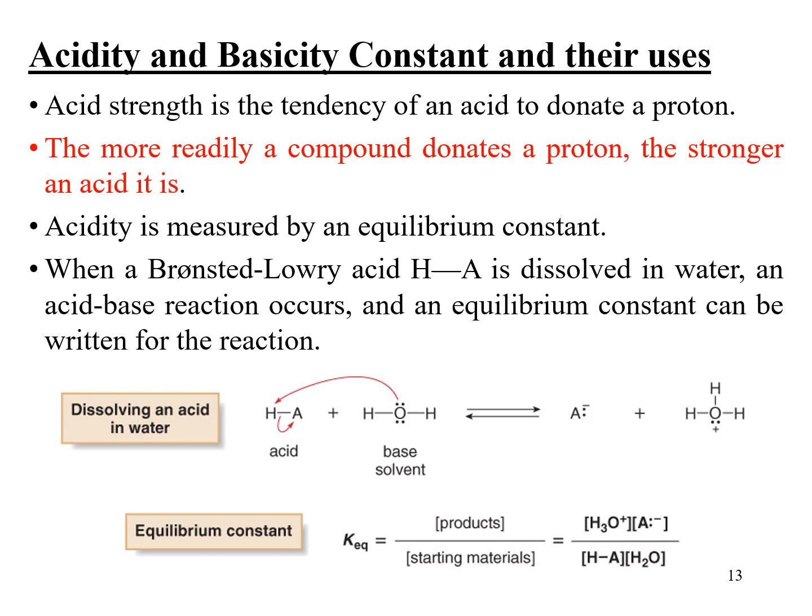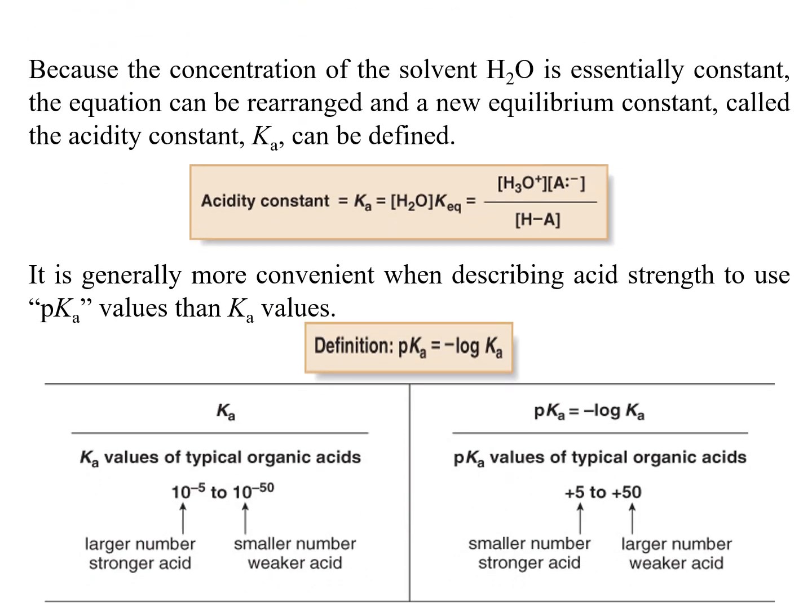And this is measured using the equilibrium constant. Equilibrium constant is product over reactant. But because part of our reactant is water, and water is regarded as unity, it is not always added when writing the equilibrium constant.